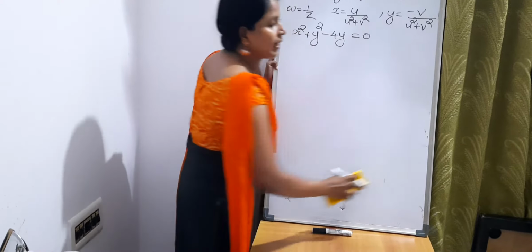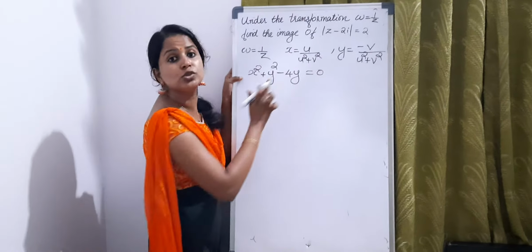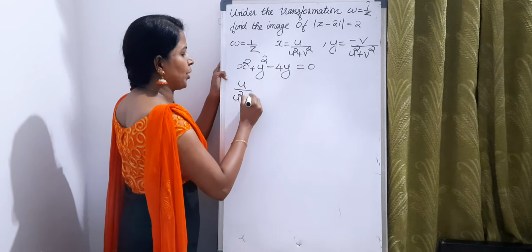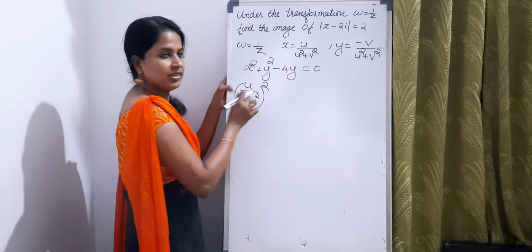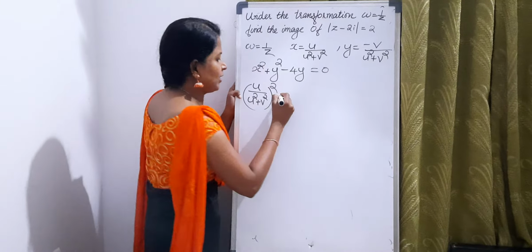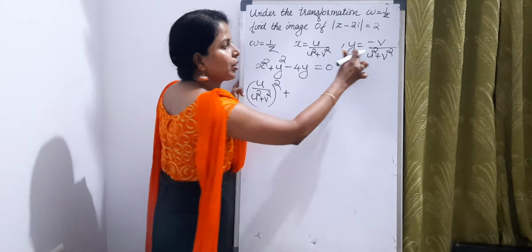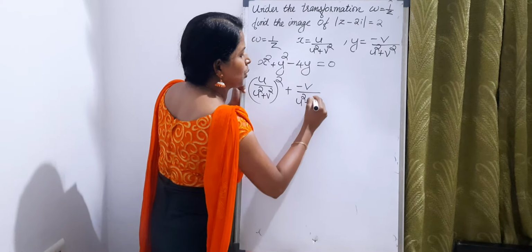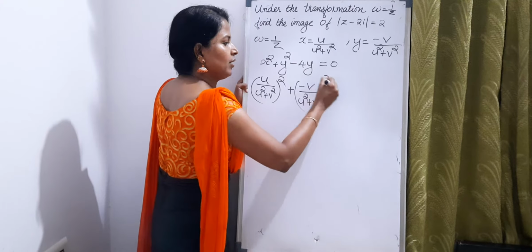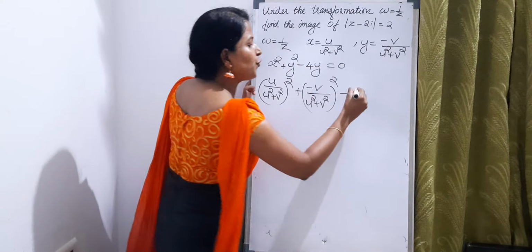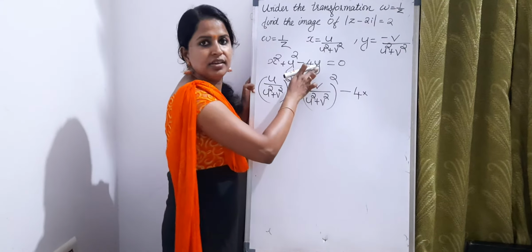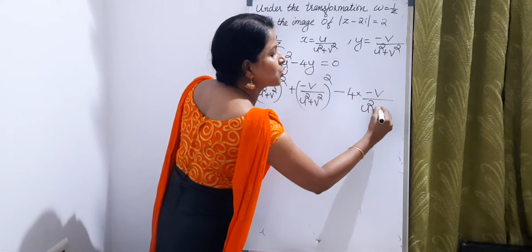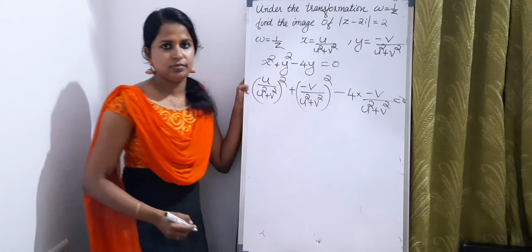This is x square. Here x is u by u square plus v square, so u by u square plus v square the whole square. Plus y square, that is minus v by u square plus v square the whole square, minus 4 into y, where y is minus v by u square plus v square, equal to 0.